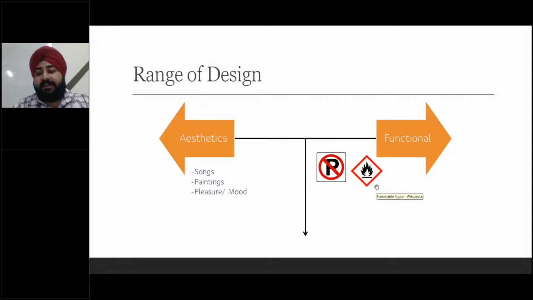To be a graphic designer, anyone here who wants to be a graphic designer, your design should lie in between them both. Understand? Your design should be functional first. That should be your priority. It must say something.